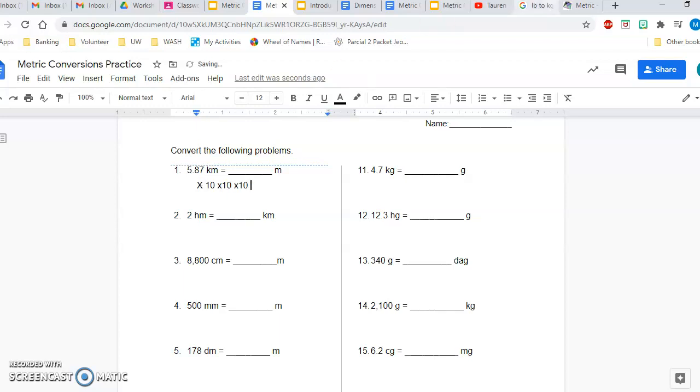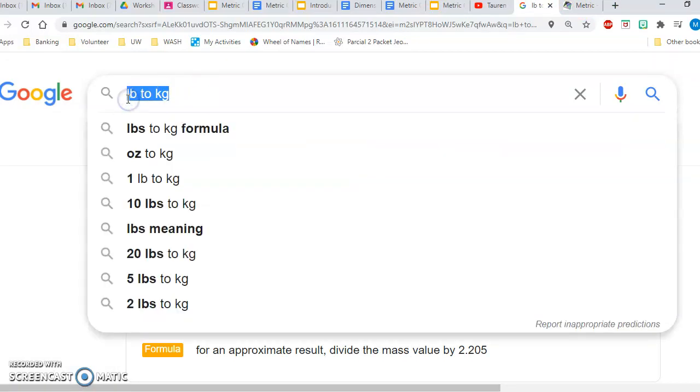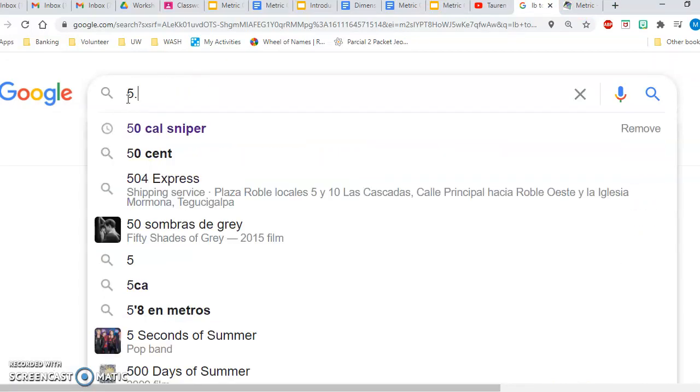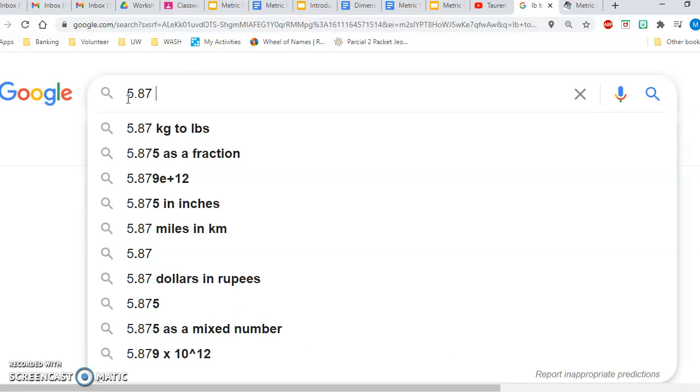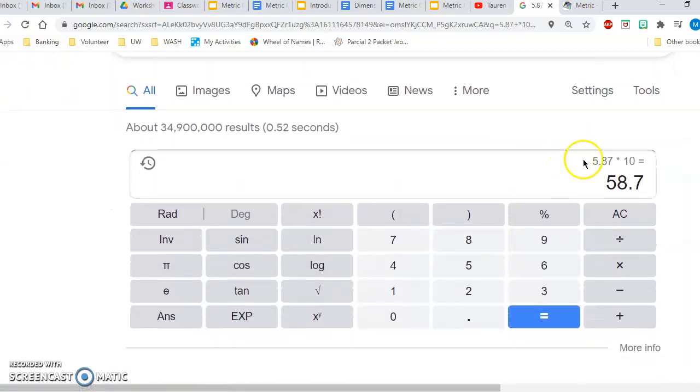If we were to do that, I'll show you this on a calculator too, just as another way to show you. 5.87 times 10. Our calculator says that if we multiply by 10, we move our decimal place over 1. So let's multiply by 10 again. We need to do it 3 times to get all the way down.